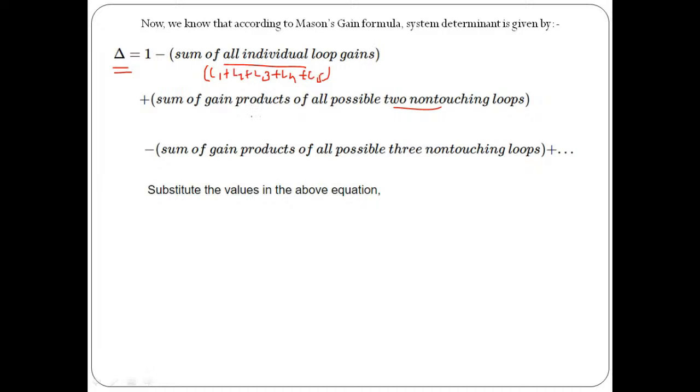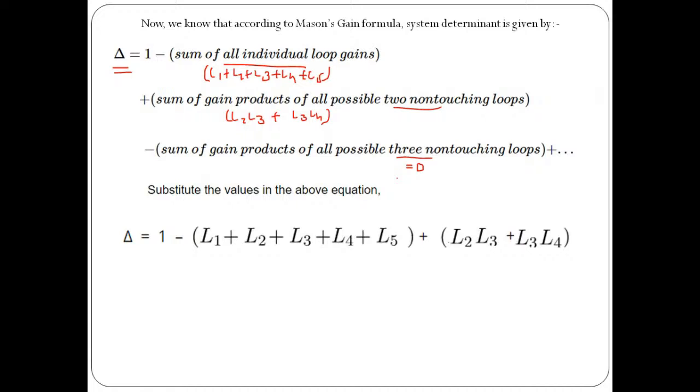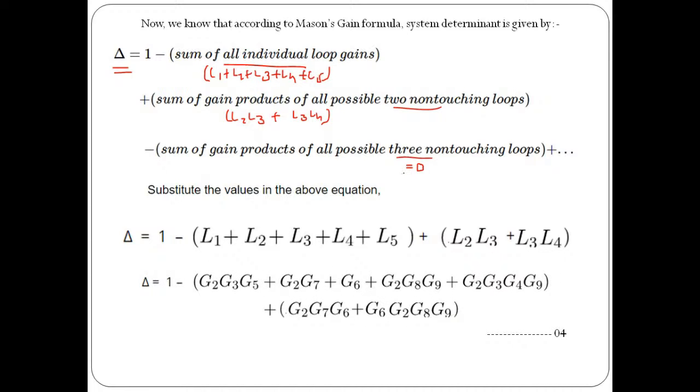Here we have only two possible pairs. First one is L2 L3, and second is L3 L4, and then the summation of gain products of all three non-touching loops will be 0. So if you apply that logic, you will get this equation as an output.